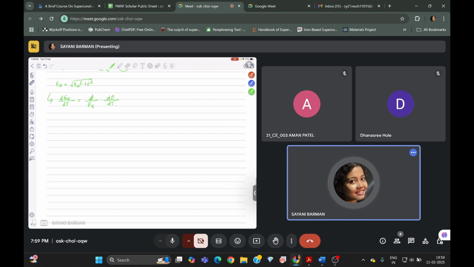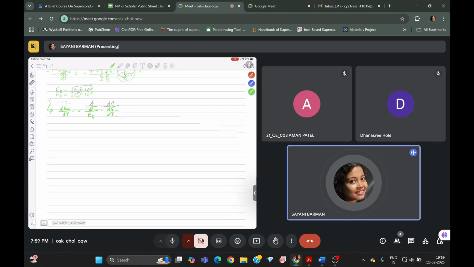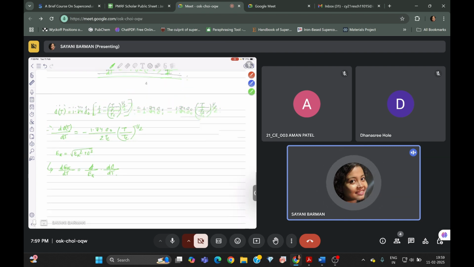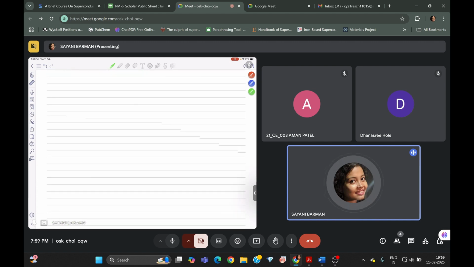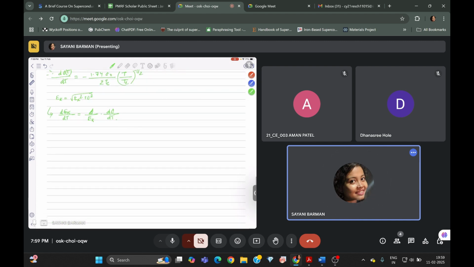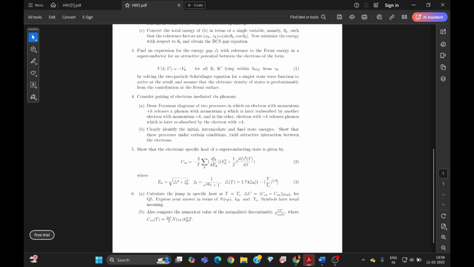Now substituting everything we have gotten till now in this CES expression, which is already given in the question. So I'll first write the equation given in the question.